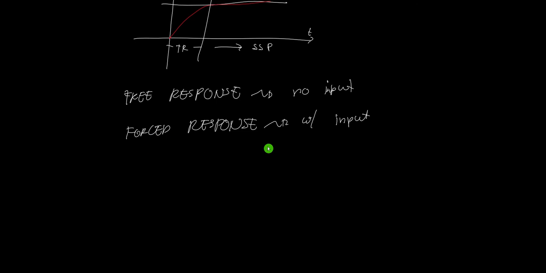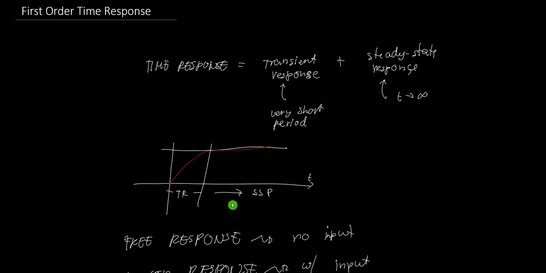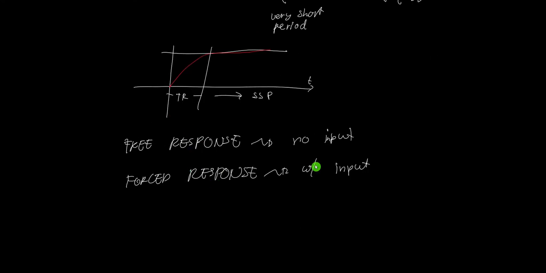And there are different types of forced response, and we will discuss them. The total response is usually the sum of these two. If there is an initial condition, that's the free response, and you need to include that in our total response. Usually if this is zero, our total response will be just equal to the forced response.